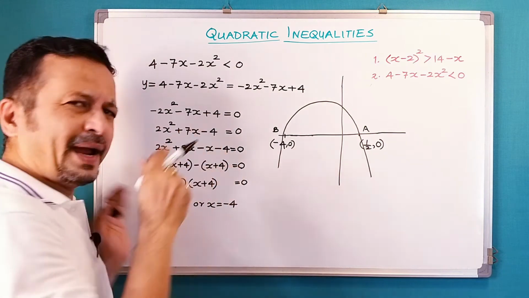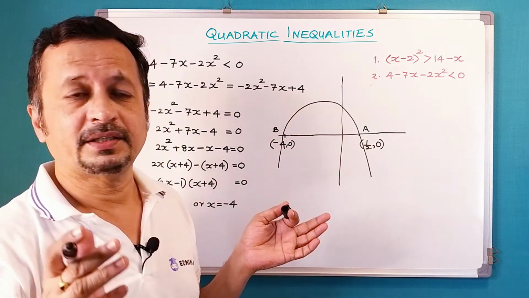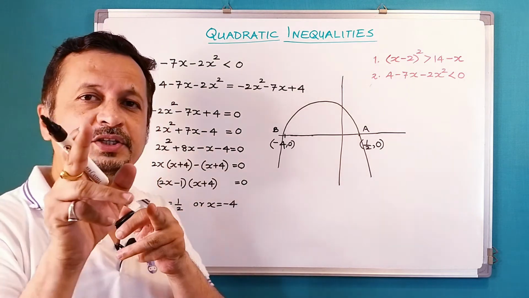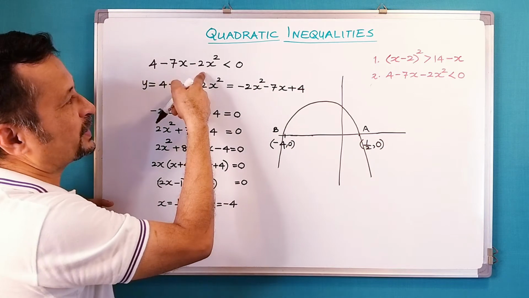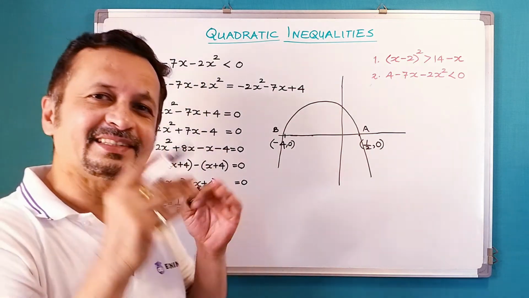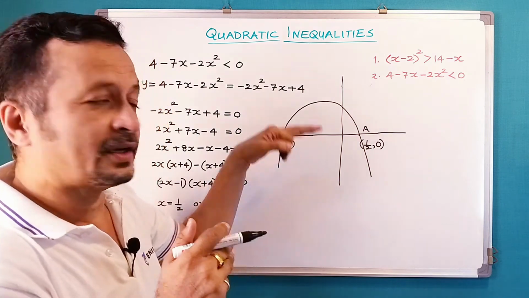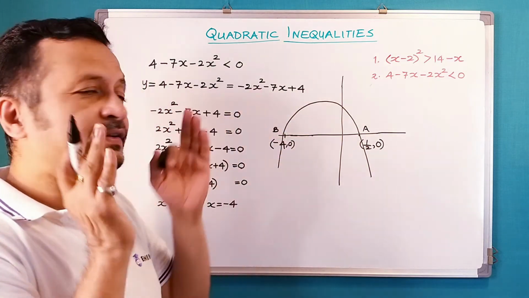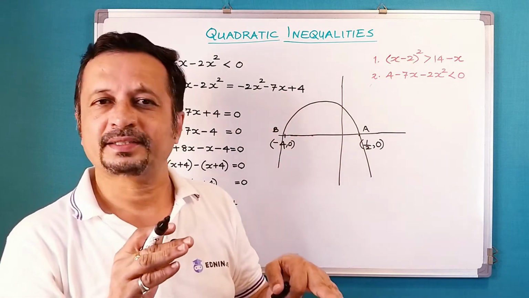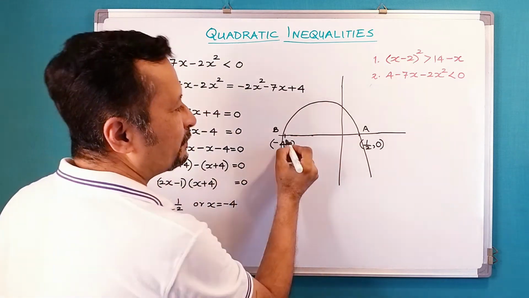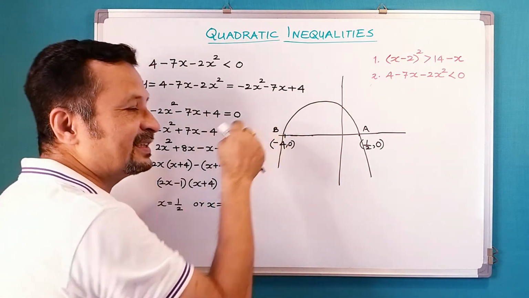Now maximum can be anything, the y-intercept also can be anything, but here what is the condition? The condition is 4 minus 7x minus 2x square has to be less than 0. So where would you expect the graph to be? I would be interested in the graph which is below the x-axis, correct? At x equal to minus 4, y is equal to 0, so it is just cutting the x-axis.